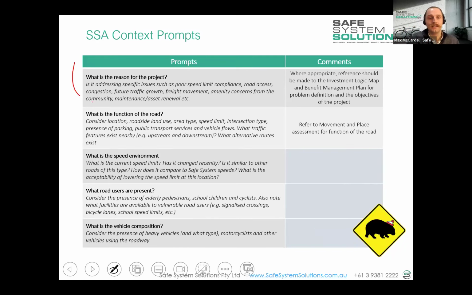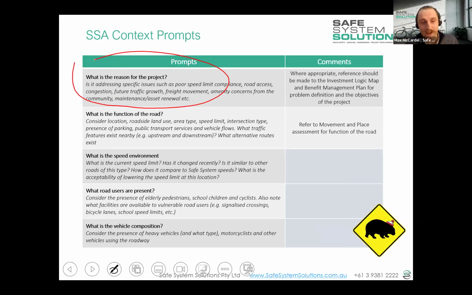So what's asked is, what is the reason that we're actually looking at this project? One of the reasons could be to reduce congestion. And that's an interesting one, because if you're reducing congestion, then safety may not be the priority there.